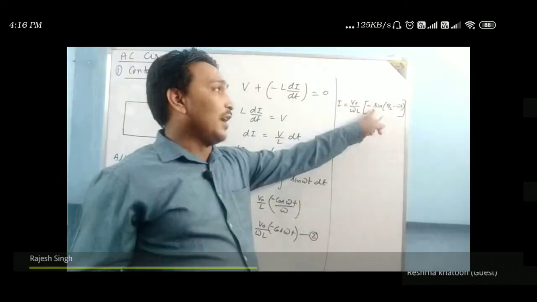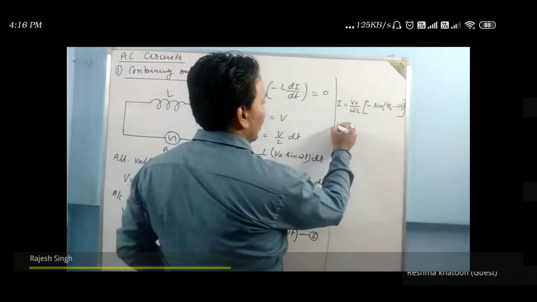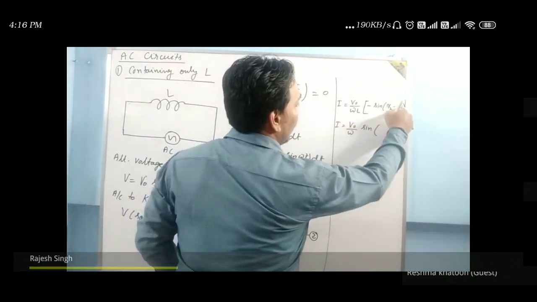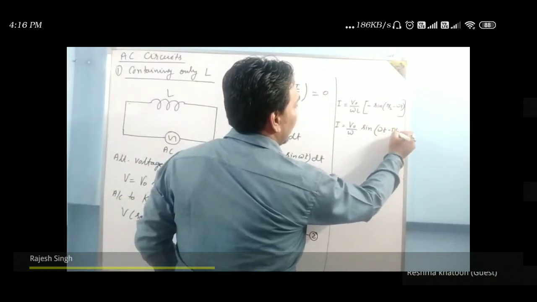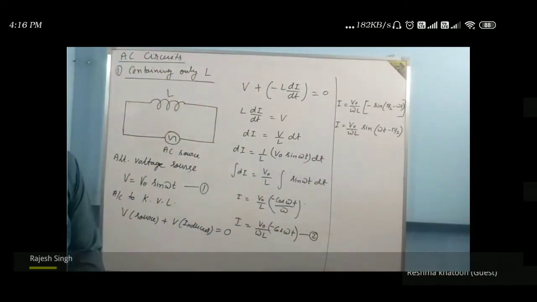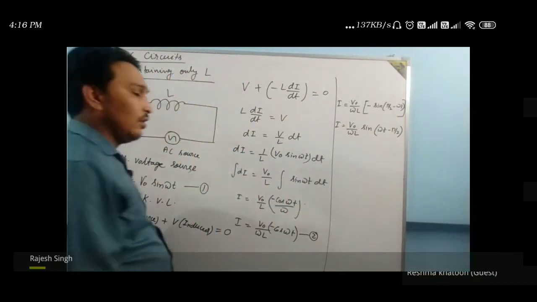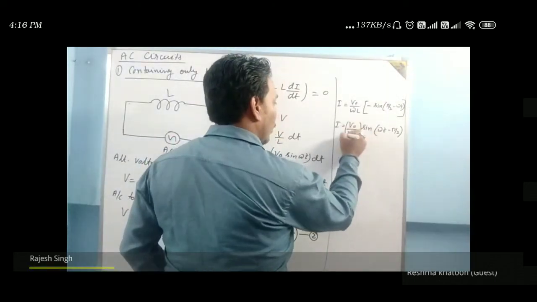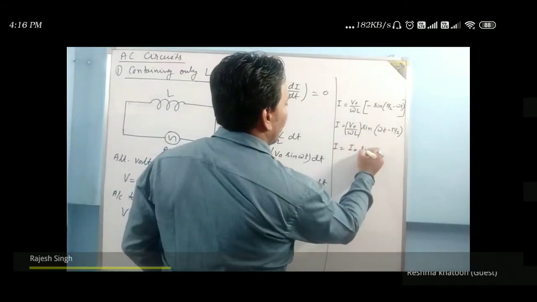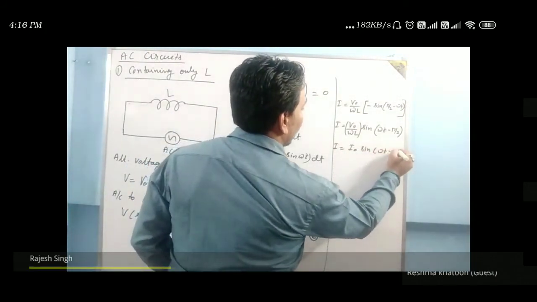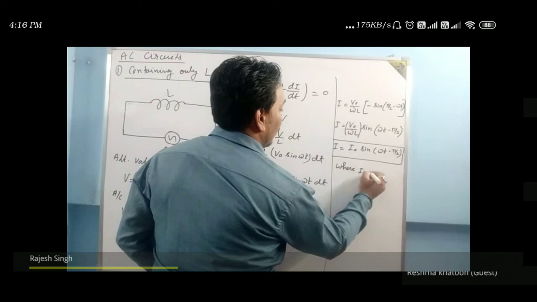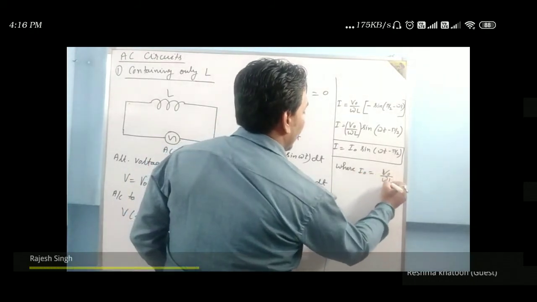And this minus sign when sent inside, it will become I is equal to V naught upon omega L sine of omega t minus pi by 2. Now just understand, this particular value I am going to take as I naught. So I is equal to I naught sine of omega t minus pi by 2, where I naught is equal to V naught upon omega L.